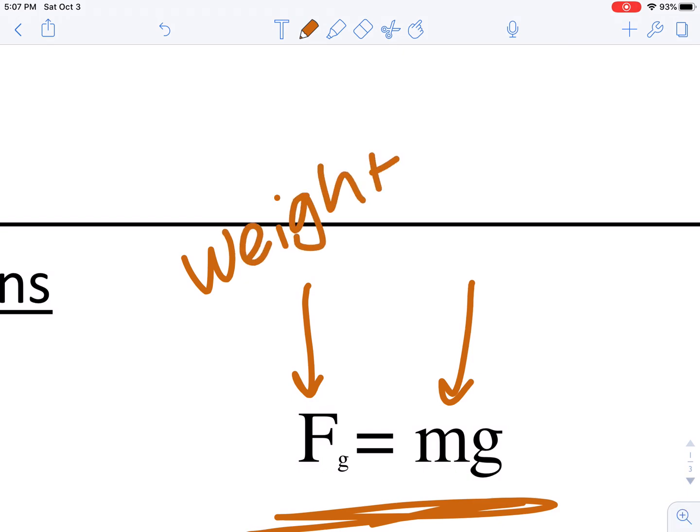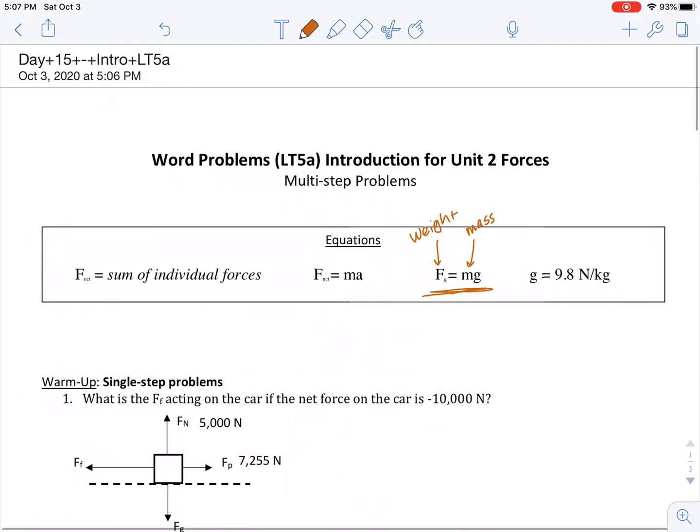And m is mass. So this is the mathematical relationship between weight and mass. If you see in an LT5a problem that we're given something about weight, make sure you plug it in for force of gravity, not for mass. And then we have our g constant, which goes in right here.